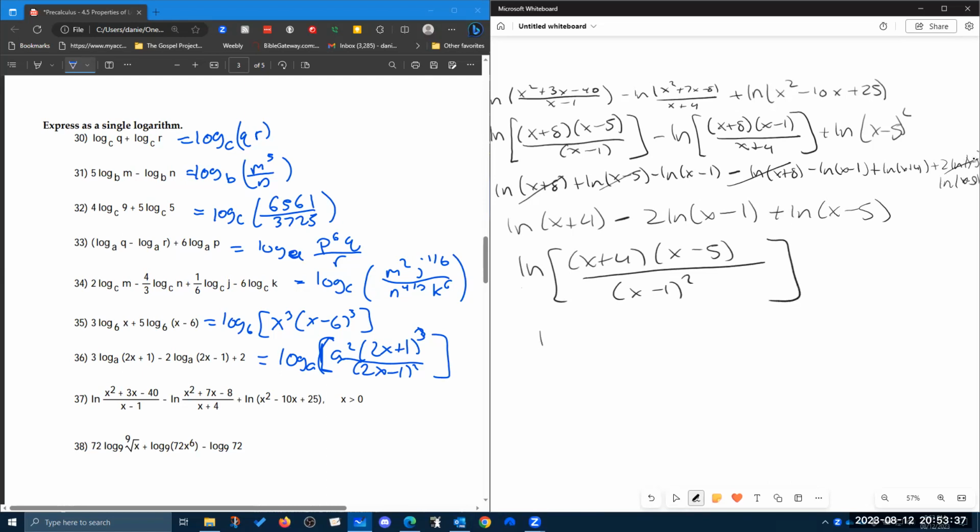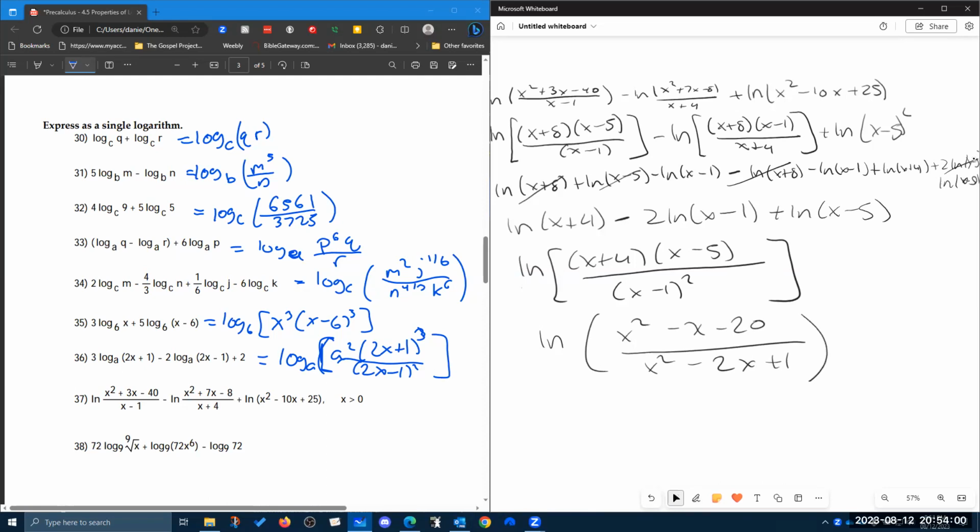Since everything was expanded to start off with, let's expand this. X squared minus x minus 20 over x squared minus 2x plus 1. Some regular parentheses there.